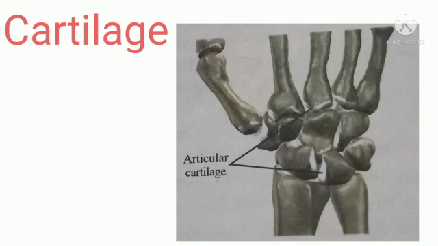Children, when you eat chicken or mutton leg pieces, you can't break the bone easily. But at the joints of the bone, at the tip of the ribs, you can chew easily. It is hard, but not as hard as bone. Yes, that is cartilage. It is a soft bone.